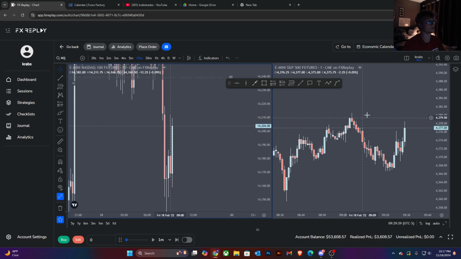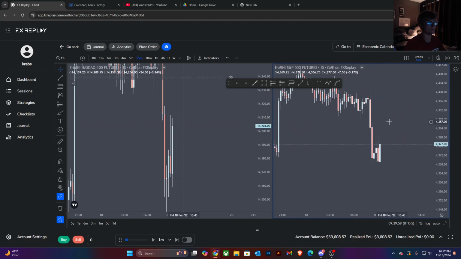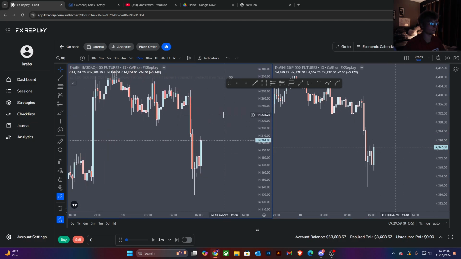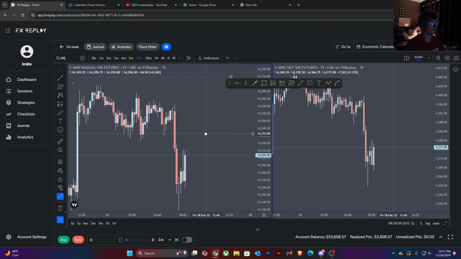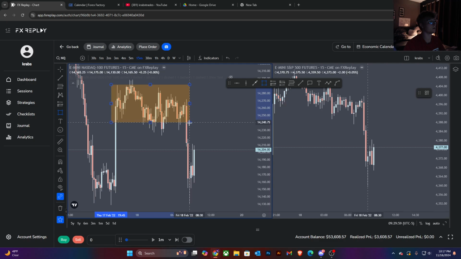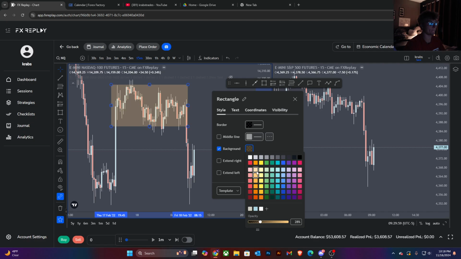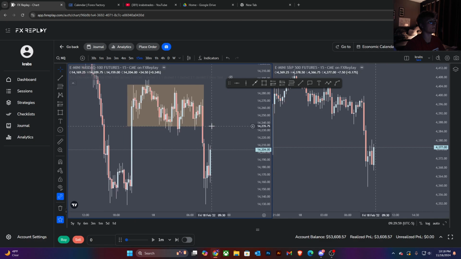Let's hop on that 15-minute time frame. Could be a potential higher time frame AMD. So we're gonna keep that in mind.